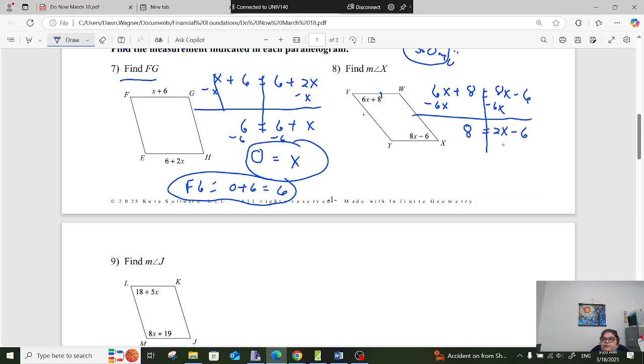What do I do to both sides? Add 6. And 2x is equal to 14. And if I divide by 2, x is equal to 7. And then I'm going to look at the directions and make sure I answered everything. Did they want x? Well, kind of, but they want to know the whole angle x.